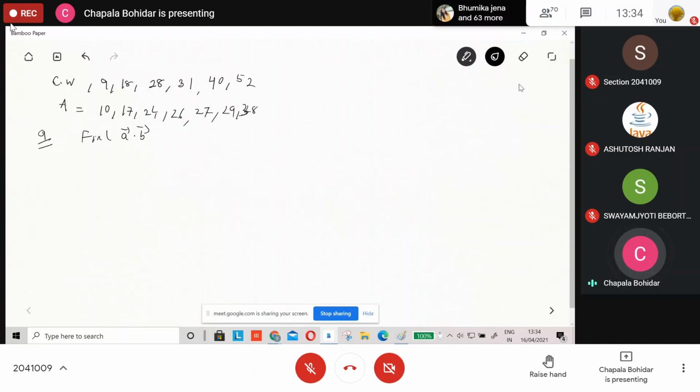Where absolute value of A is equal to 6, absolute value of B is equal to 5, and the angle theta between A and B is 2 pi by 3. Tell me the result.